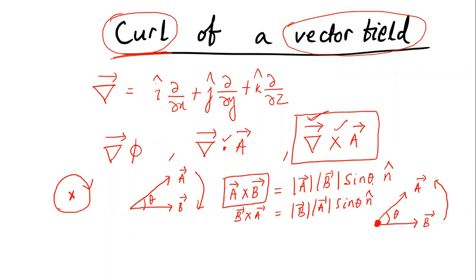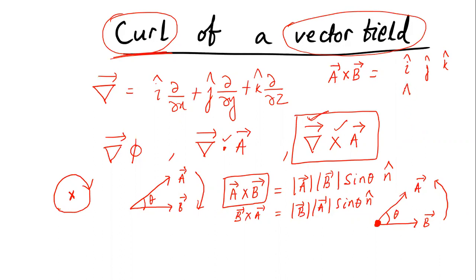The same rule that we will use for del cross A, or curl of a vector field. As it follows the cross product, we are going to follow the same thing. Similarly, one more thing I can say: this A cross B you wrote in a matrix form. If you remember, i cap, j cap, k cap, these unit vectors along three mutually perpendicular axes.